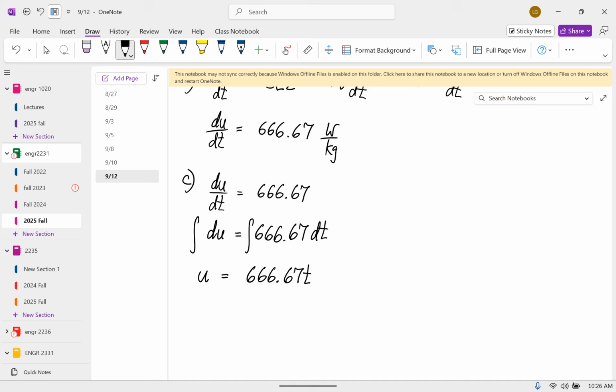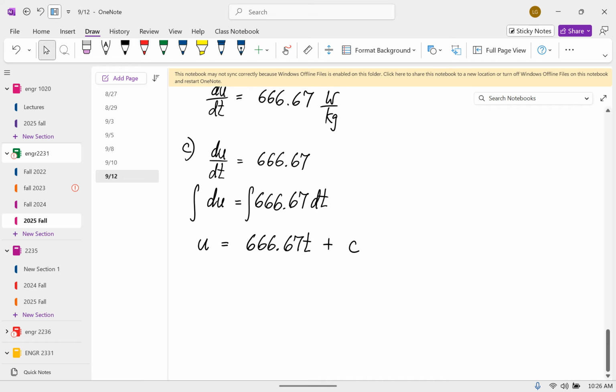That's what you get from integrating the right side, plus some constant of integration. And now we have to think about that initial condition, that boundary condition. So the boundary condition says at time equals 0, u is equal to 20 times 10 to the third.